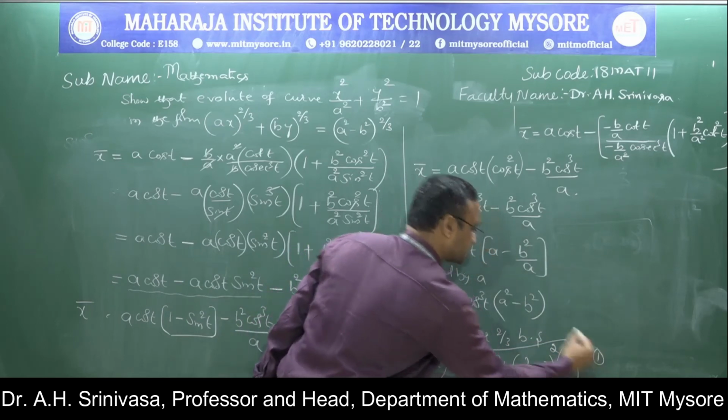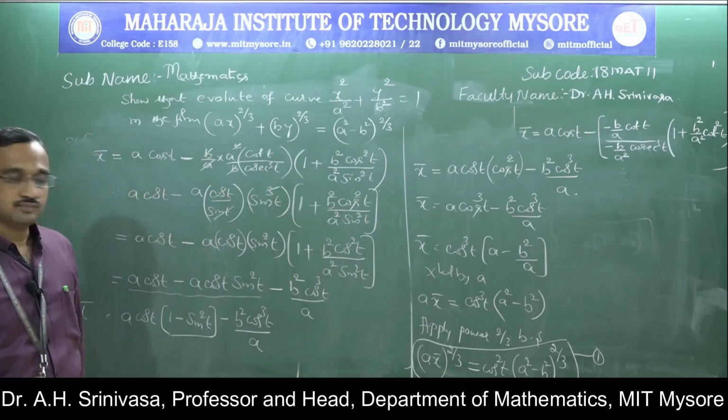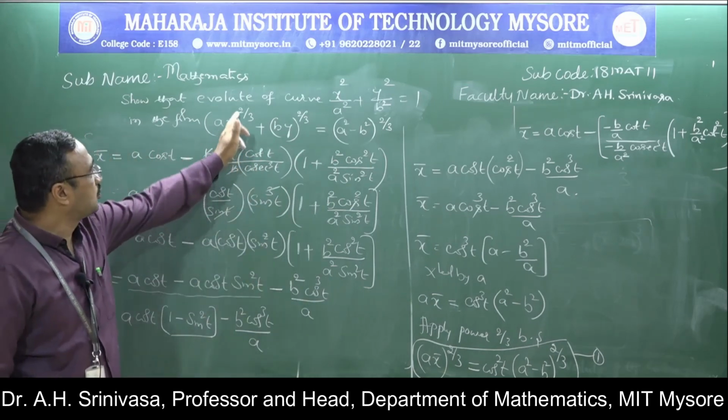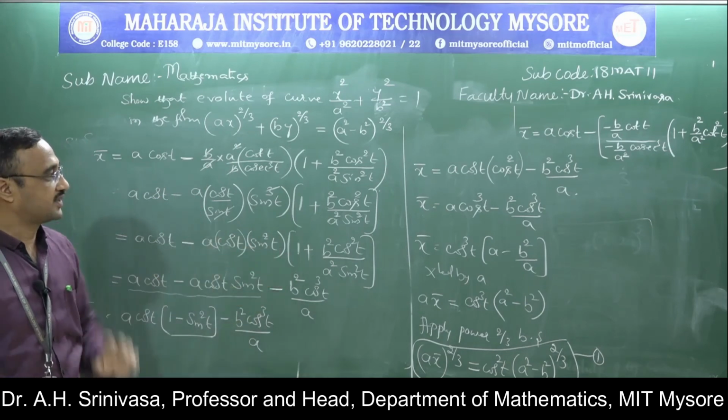Now call this equation number 1. So one of the steps will be obtained. Okay, so I got a x bar whole power 2 by 3. So this is the step we are obtaining.